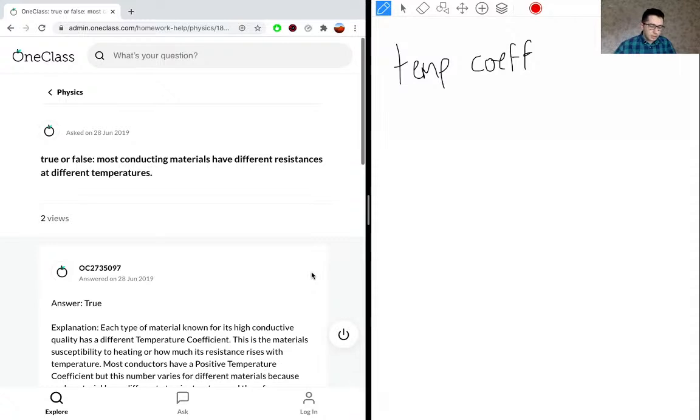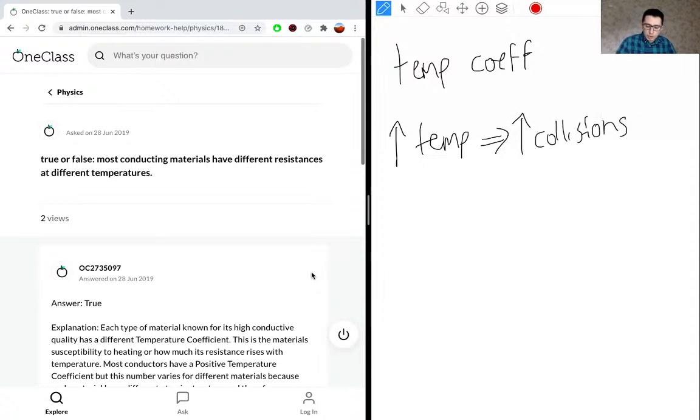Let's say we had a high temperature in a conducting material. There would be more collisions, because a high temperature means more kinetic energy. So there's more collisions between the electrons.